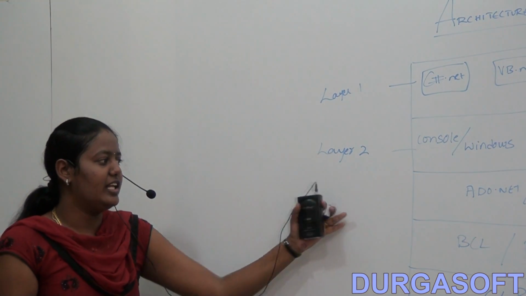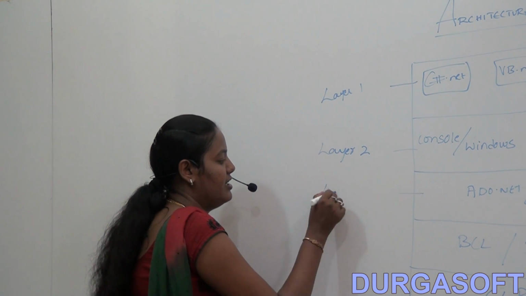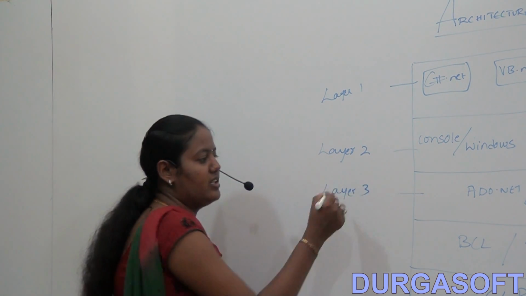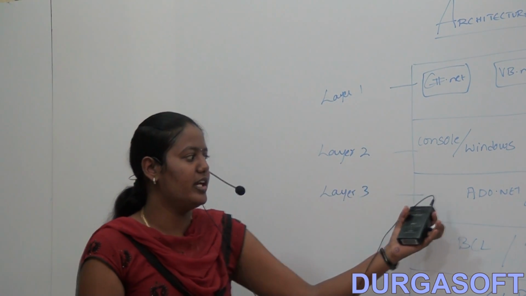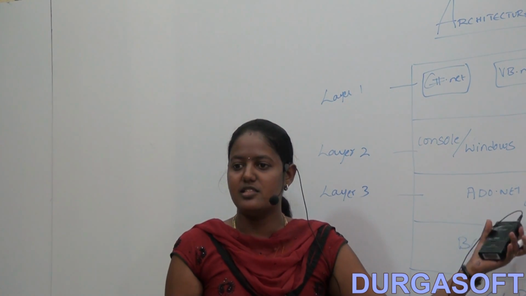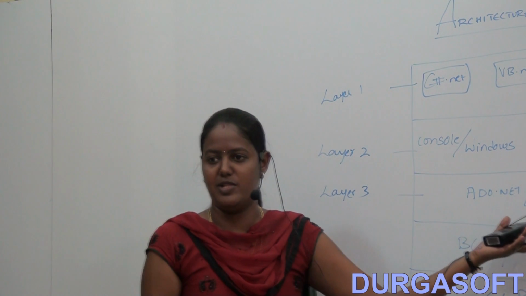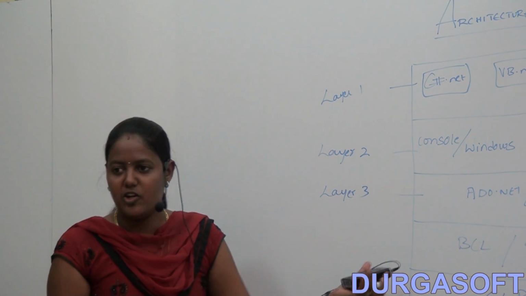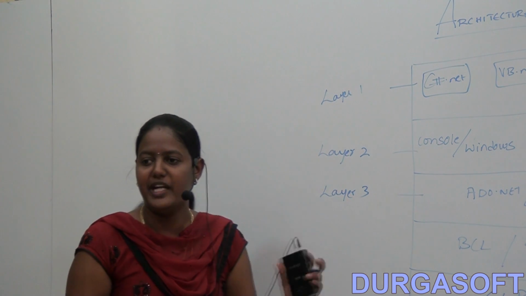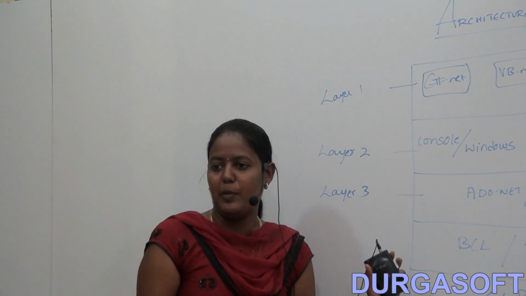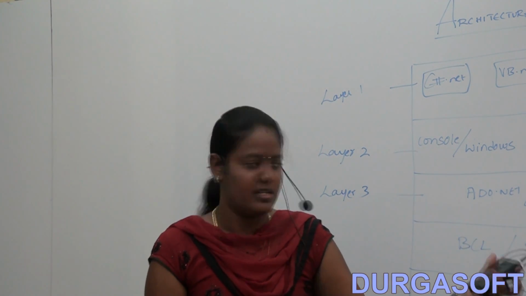And next one is layer 3. In layer 3 we have ADO.NET and XML. ADO stands for Active Data Object and XML stands for Extensible Markup Language. ADO.NET acts as the mediator between the front-end application and back-end application.